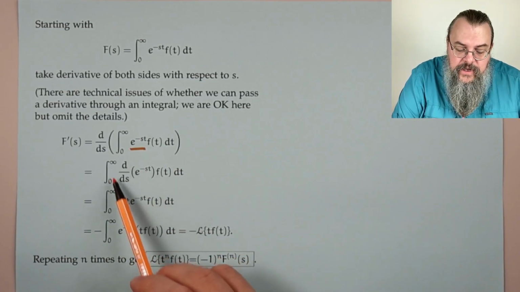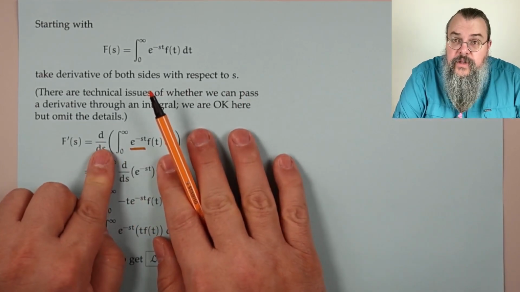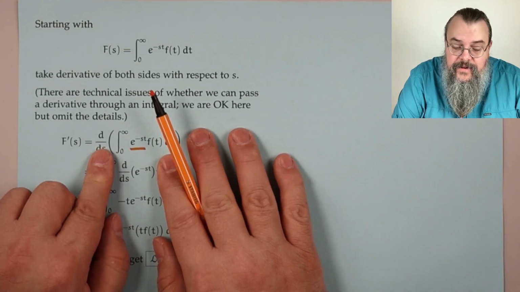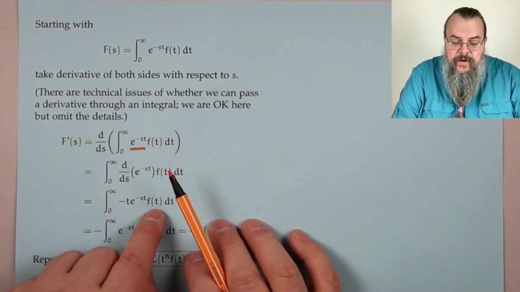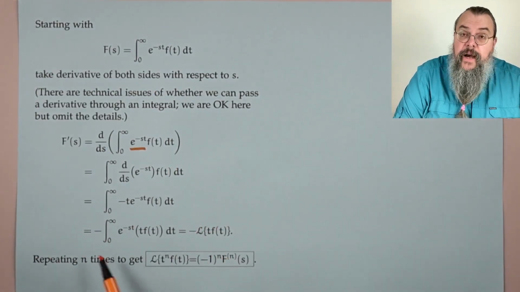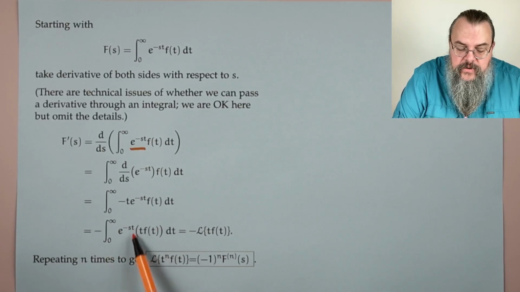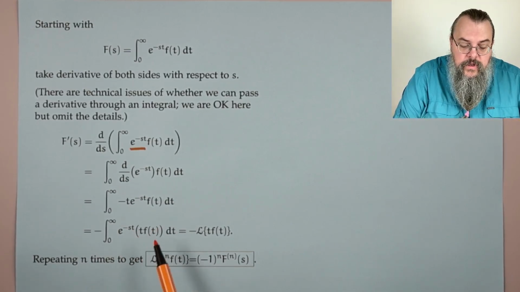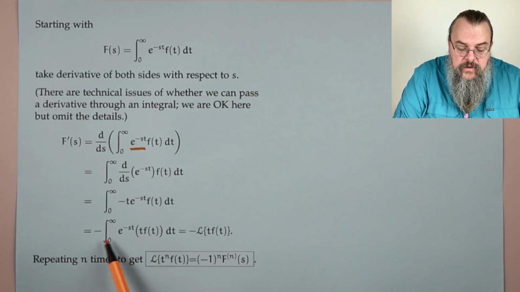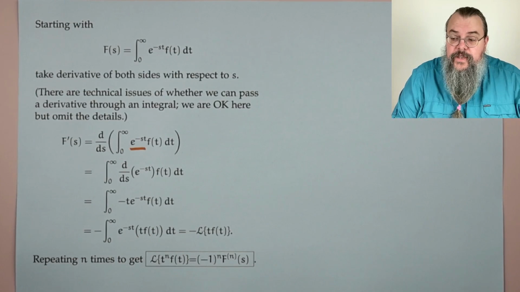So at this stage, ignoring the integral part, the t is our constant. So we bring the minus t down, and then e to the minus st f of t. The minus can come out. The t we can put onto the f of t, so it's t f of t. And then we're like, whoa, this is the negative of the Laplace transform of t f of t, right?